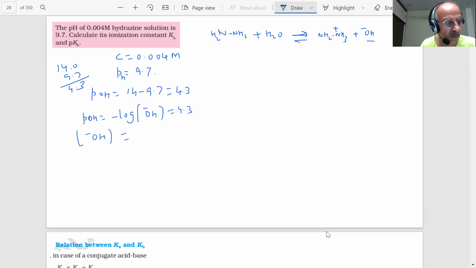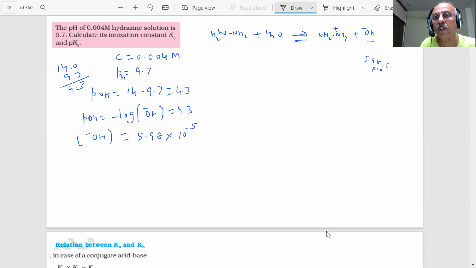OH minus here will be 5.98 into 10 raised to power minus 5. If you get OH minus as 5.98 into 10 minus 5, then what does it mean, students? This value is 5.98 into 10 minus 5.